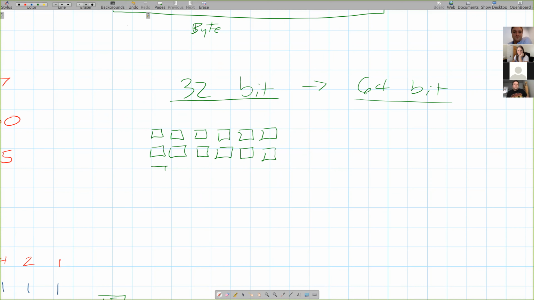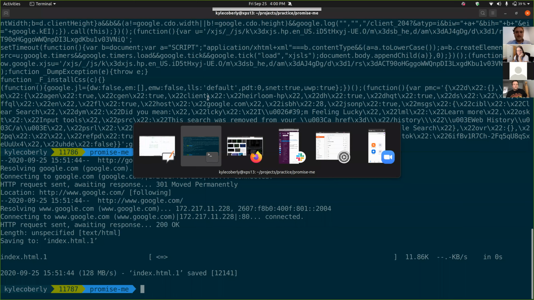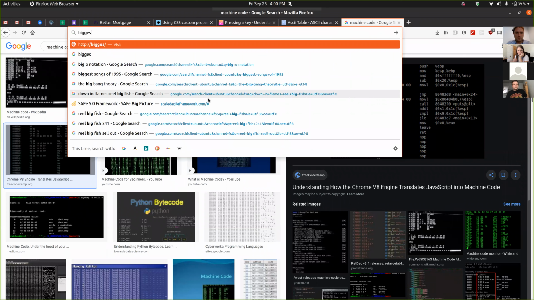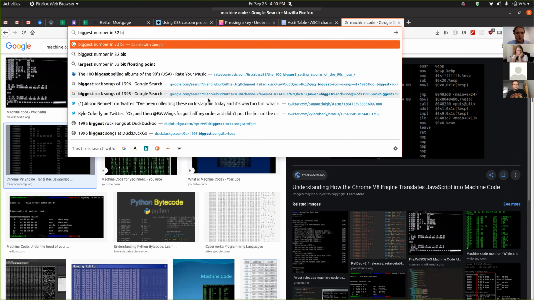You can store whatever. Okay, so with 32-bit, let's see how big a number we can represent with 32-bit. Biggest number in 32-bit.